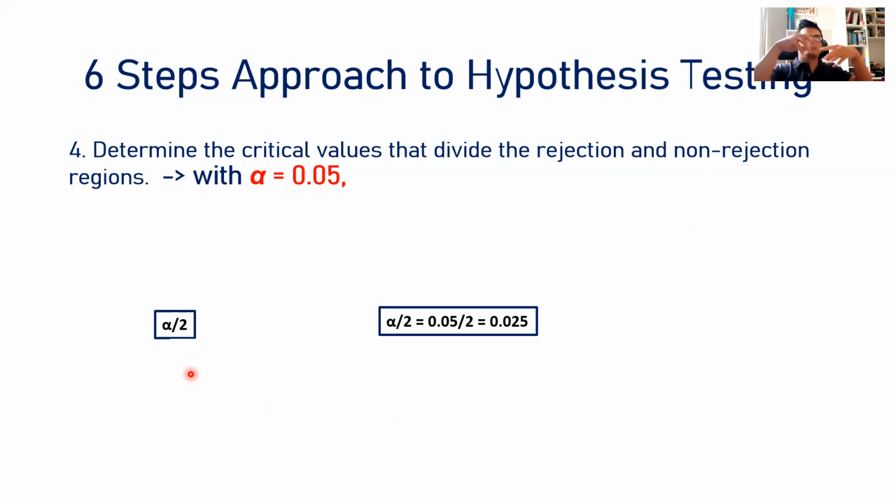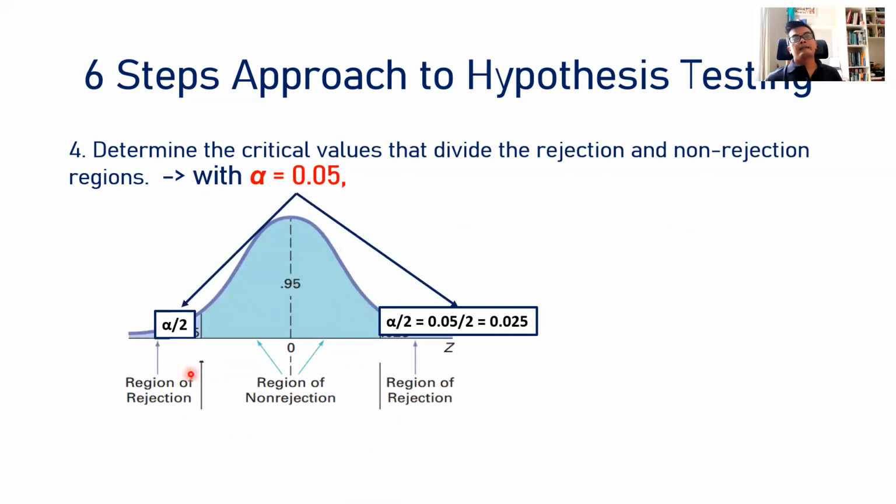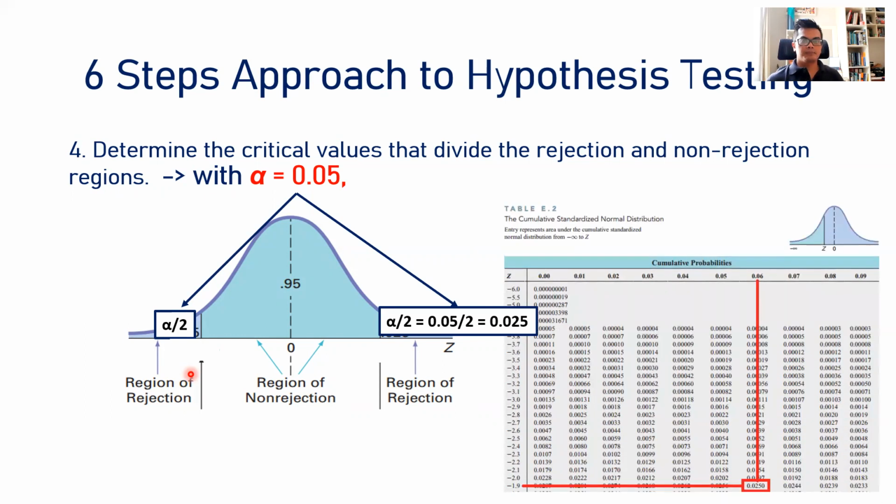Then 0.05 divided by 2 equals 0.025, which will be divided both in the left tail and the right tail. In order to determine the critical value, here we use the z-test, and simply we use the cumulative standardized normal distribution table and look for this value in the table.